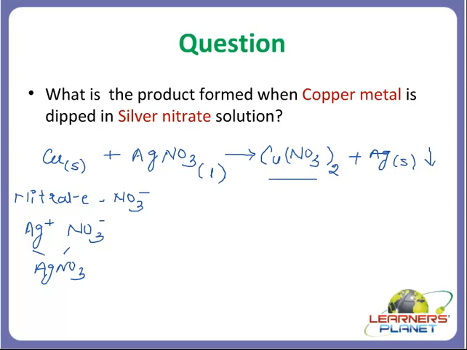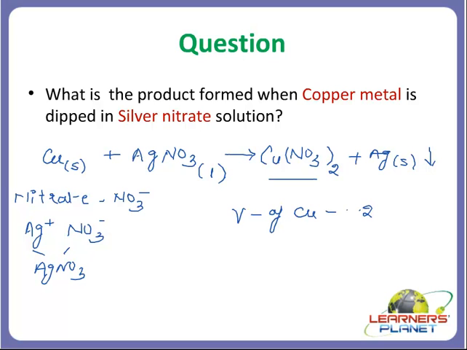Now, students, valency of copper is +2. Again, I have written the sign. Remember, you don't need to write the sign if you are talking of valency, right? So, I'll not write the sign there.